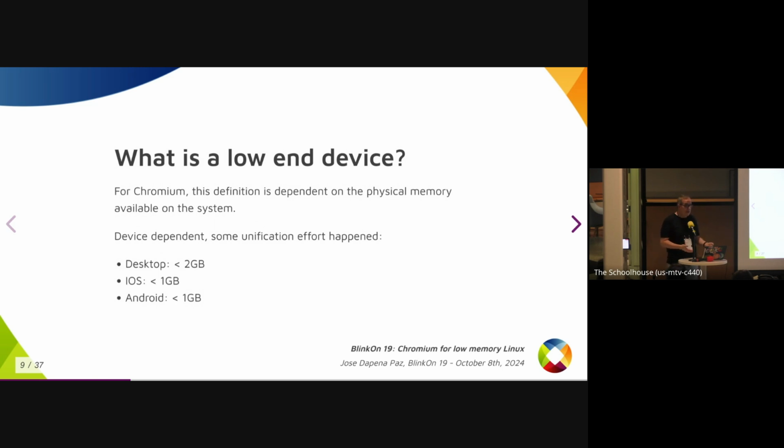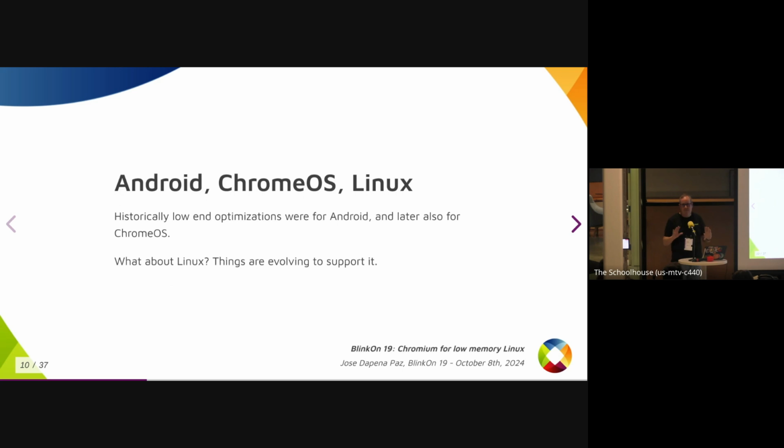So it's device dependent. There has been some unification to make this definition and the API to track it the same on all platforms. But in general, we consider a low-end device on desktop to be something that has less than 2 GB of RAM. And on iOS and Android, it's going to be 1 GB, with some caveats.